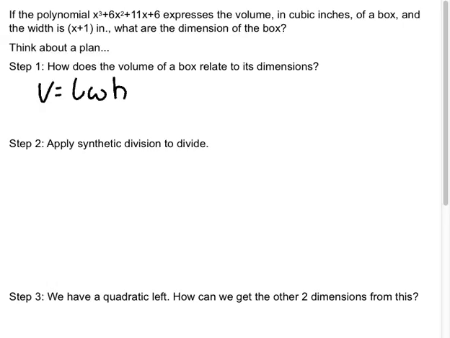So we have the volume and we're talking about the width, okay? So we have volume and we want to know, all right, what are the length and the height? Well, if we take the volume and we divide out that width, that's going to leave us with the other two dimensions for us to work with.